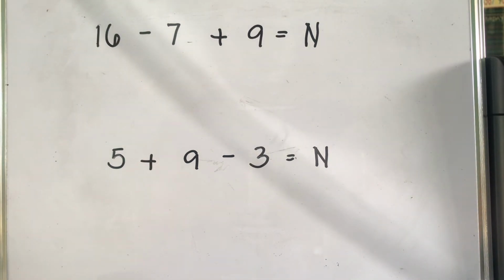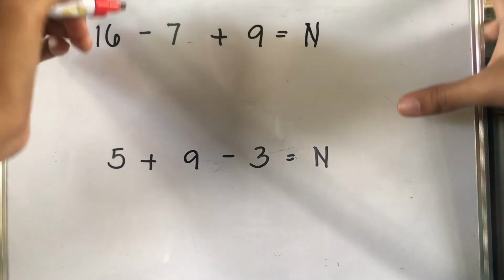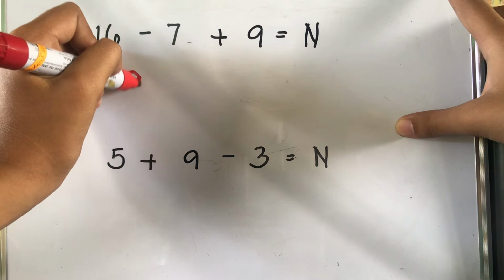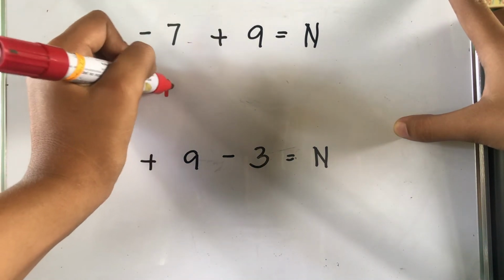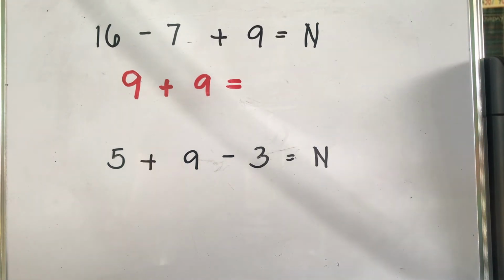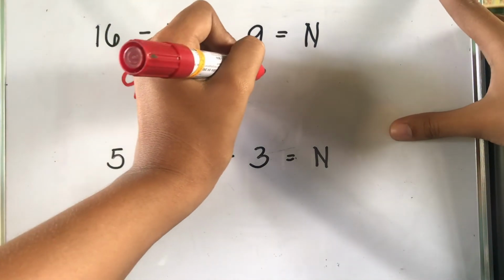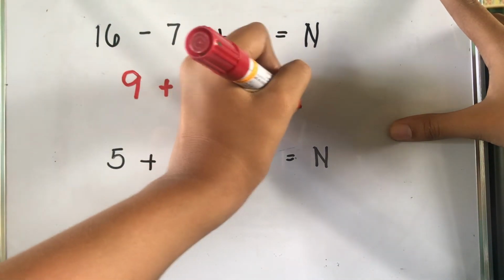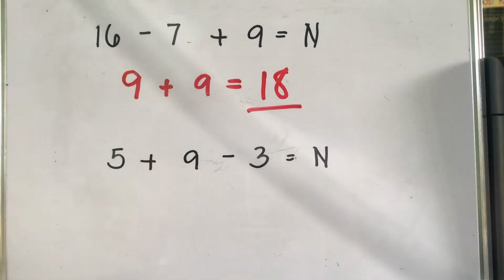What is 16 minus 7? Correct, that is 9. And then copy plus 9 equals, so 9 plus 9 is 18. So 16 minus 7 plus 9 equals 18.